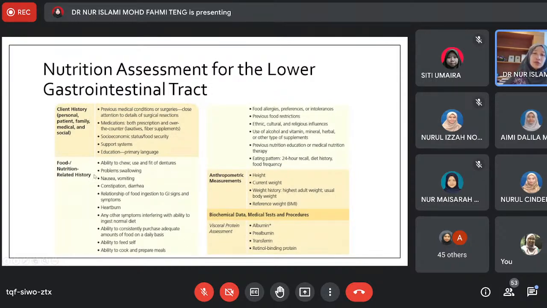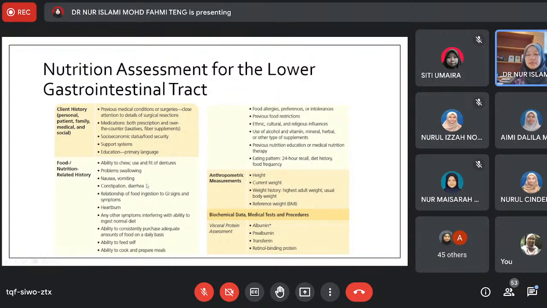This is under food and nutrition related history: food allergies, ethnicities, nutrition knowledge. For anthropometry, we look into their height, current weight, weight history, any significant weight changes or weight loss, and also the BMI.